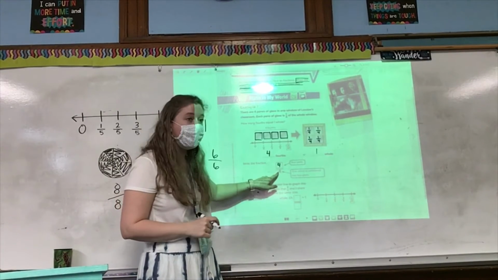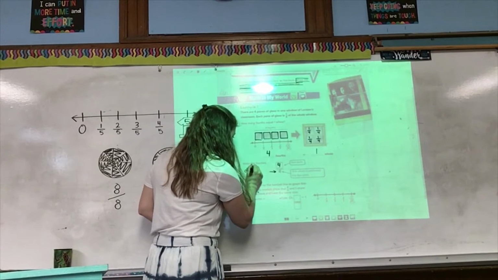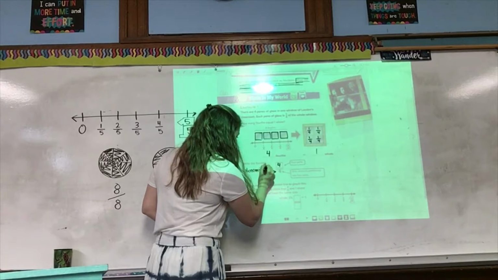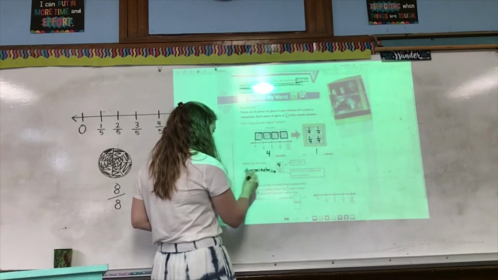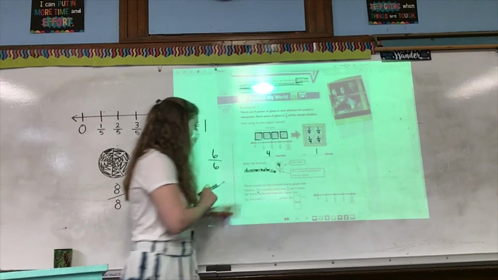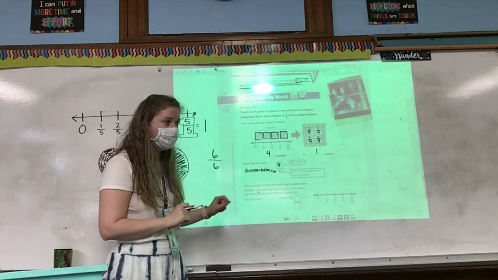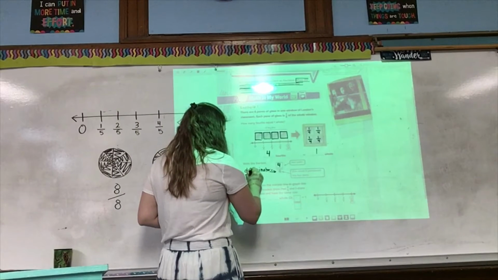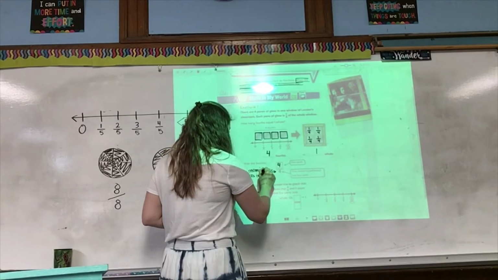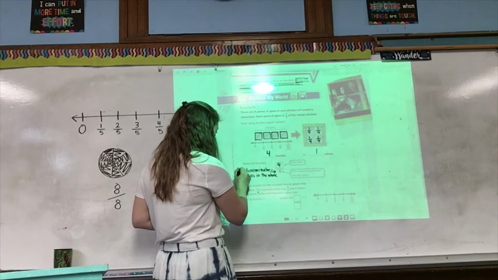Remember, the denominator equals the pieces in the whole, the total.